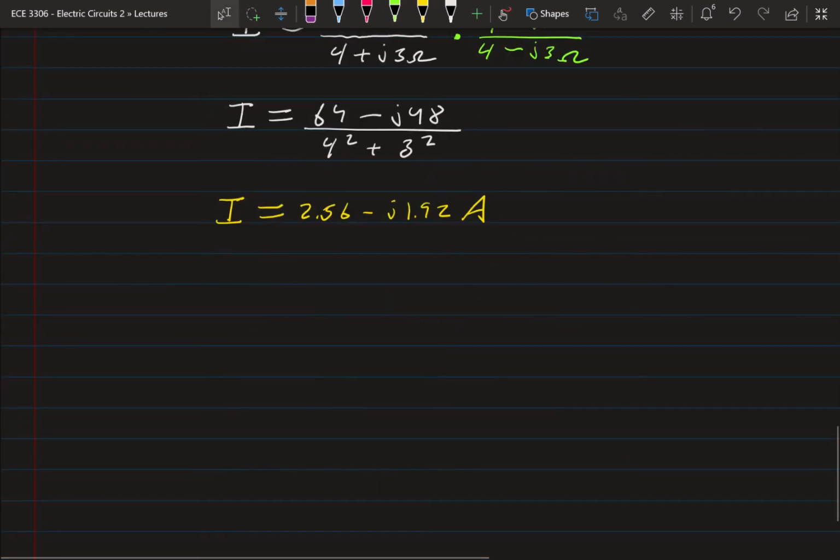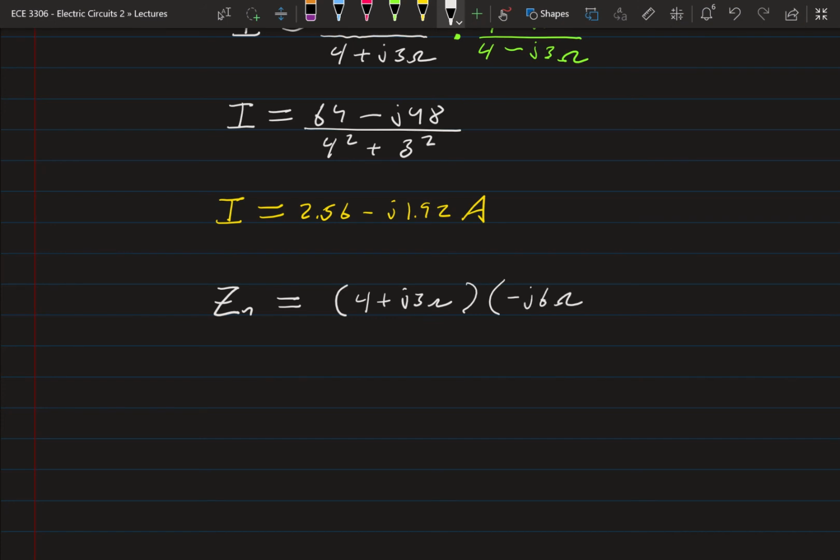So we'll go ahead and call this Zn, and that's going to be equal to the product, so 4 plus j3 ohms times minus j6 ohms over 4 plus 3j ohms minus j6 ohms.